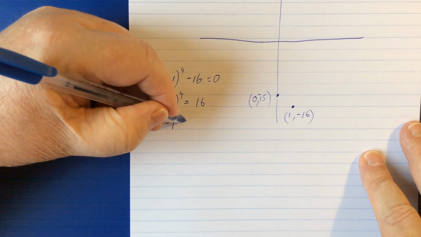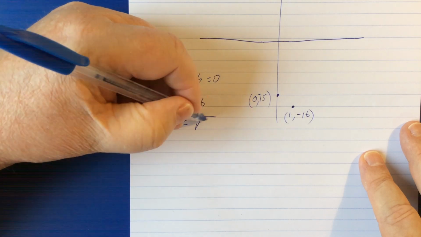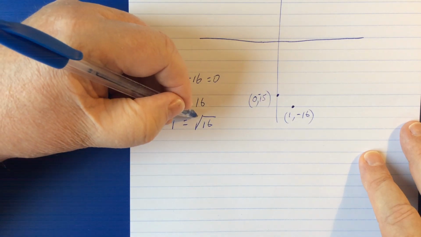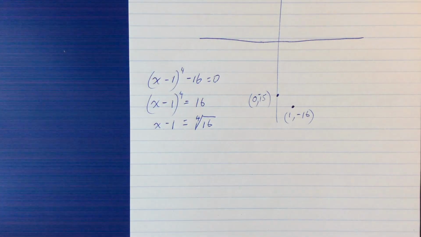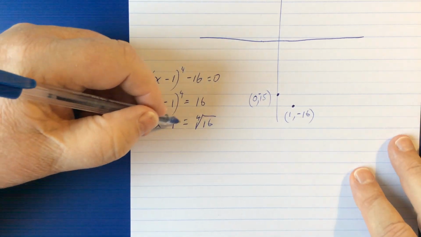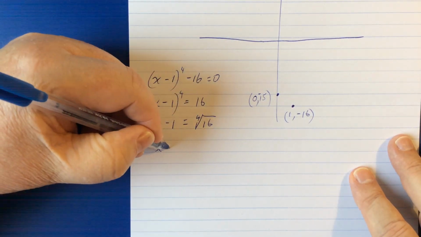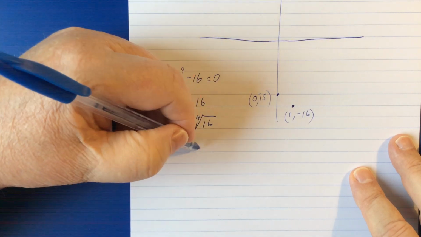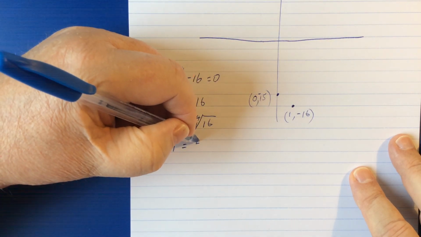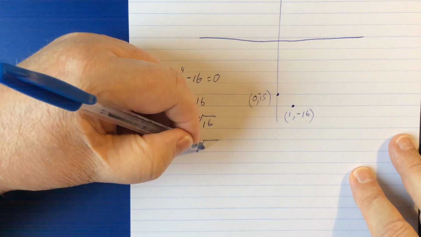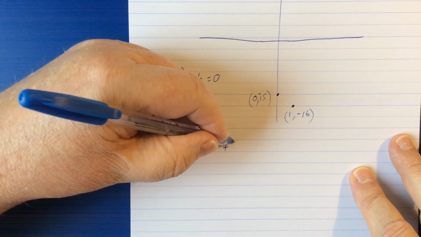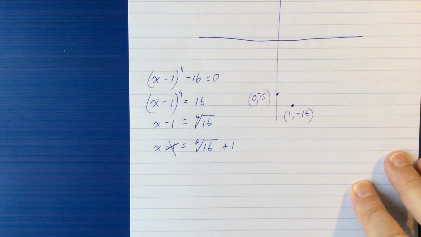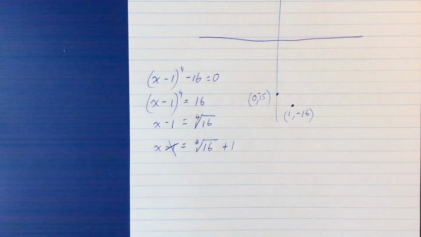X minus 1 equals the 4th root of 16. There we go. And just keep going. Okay, there we are.